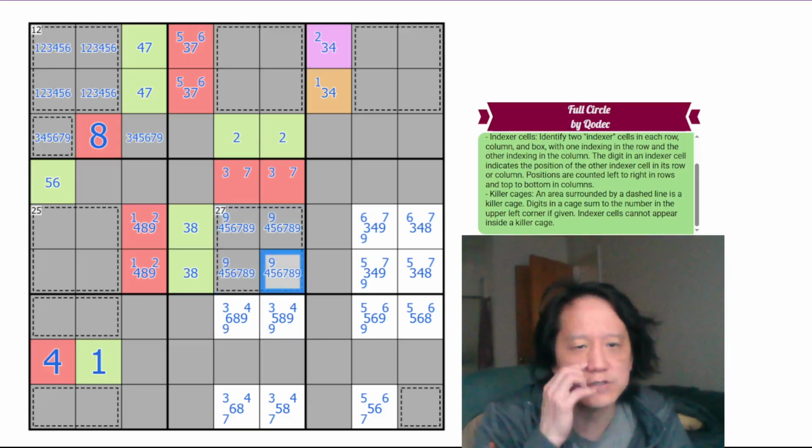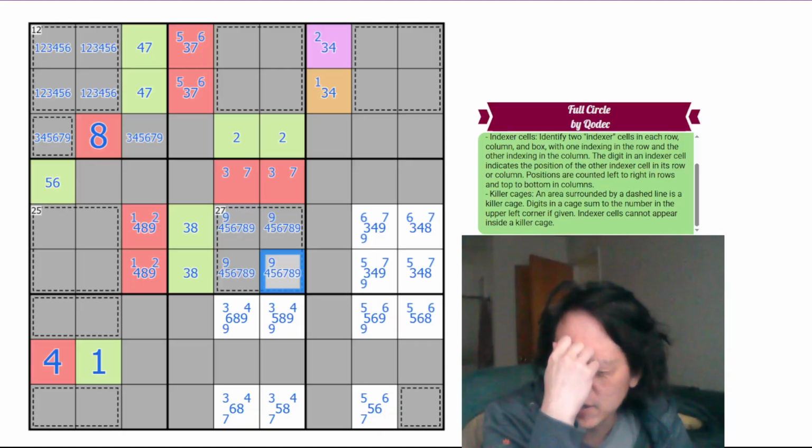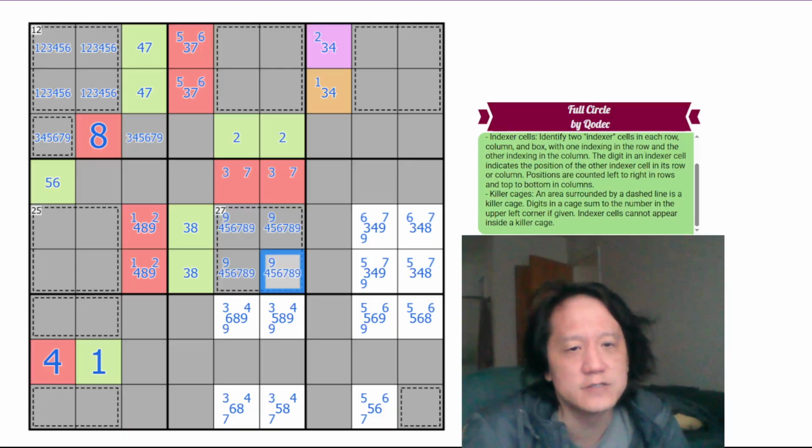So it's either 4, 6, 8, 9, or 5, 6, 7, 9. So 6 and 9 are here. Guaranteed. We have a guaranteed 3 or 7 here. This references column. Oops. This references column.